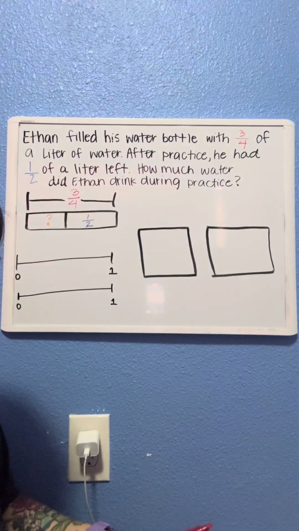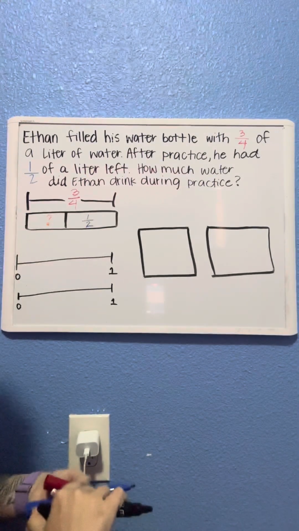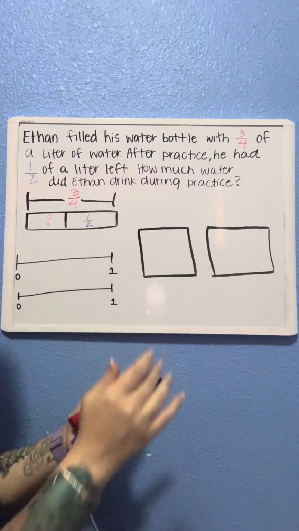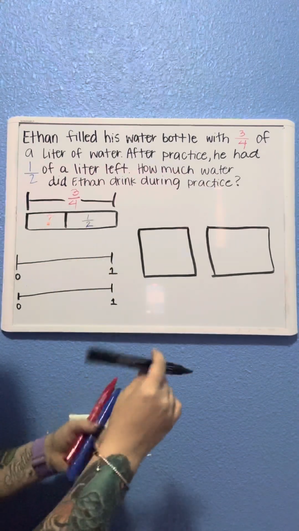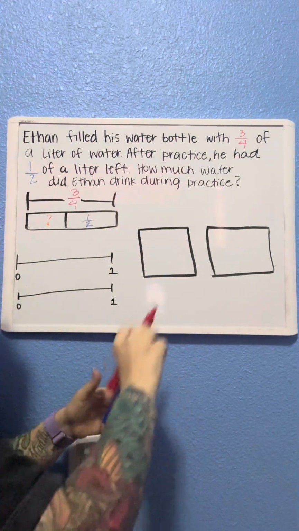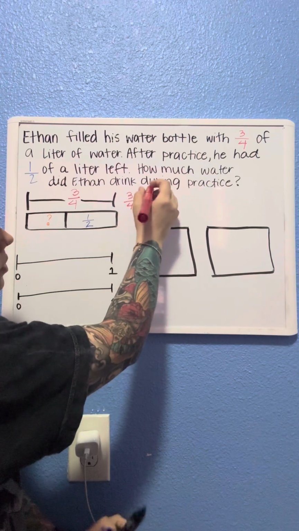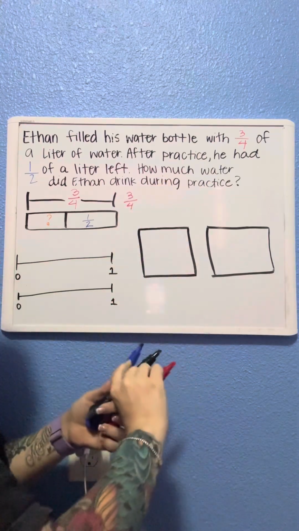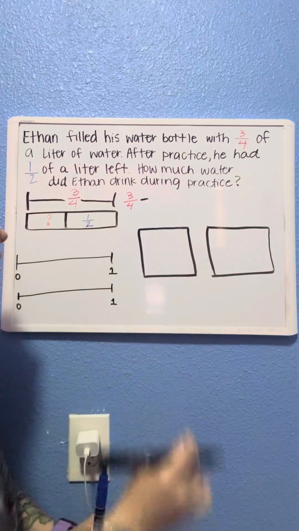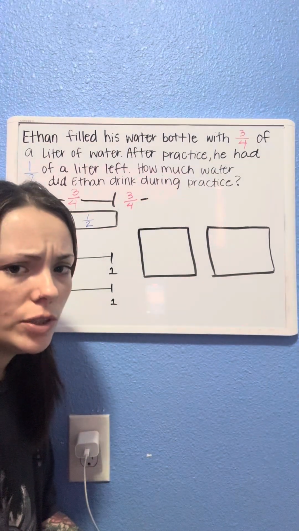Now we can write our number sentence that matches our strip diagram. So we have, let's do it this way, 3/4 minus, and did we know how much we subtracted?